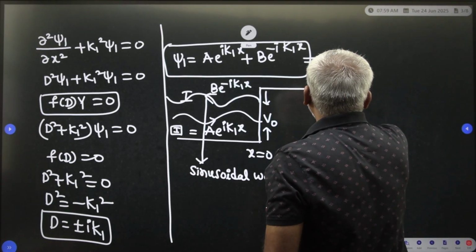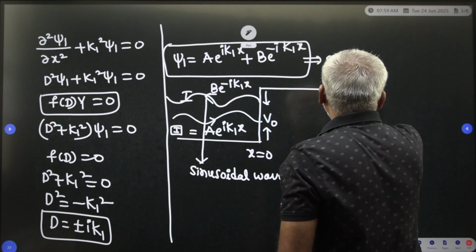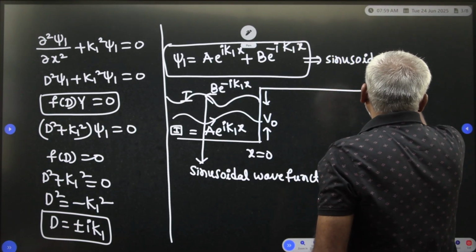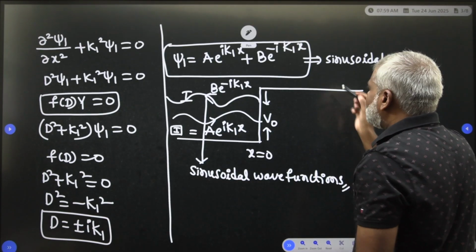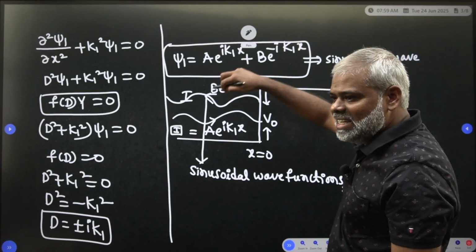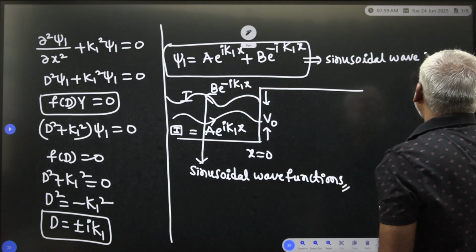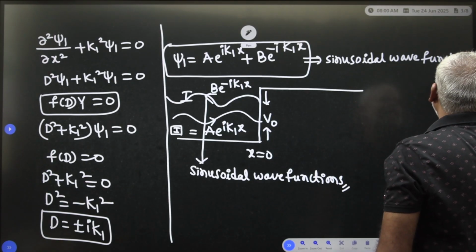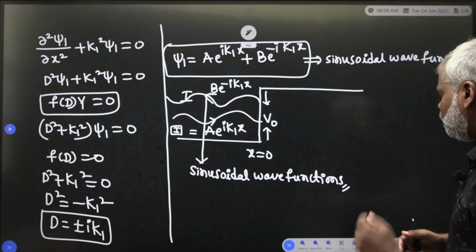The first term indicates the incident beam, and the second term indicates the reflected beam. This is the sinusoidal wave function you have to take.